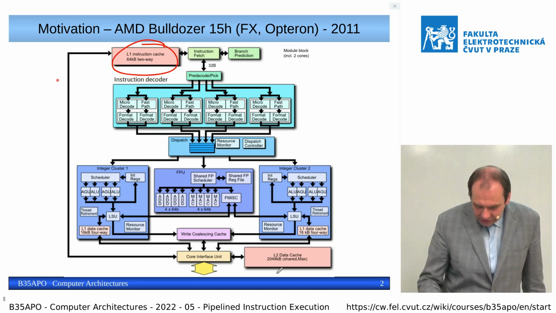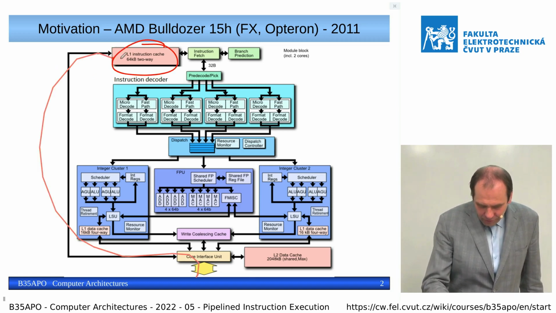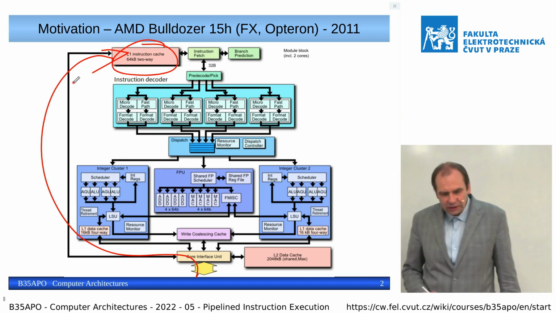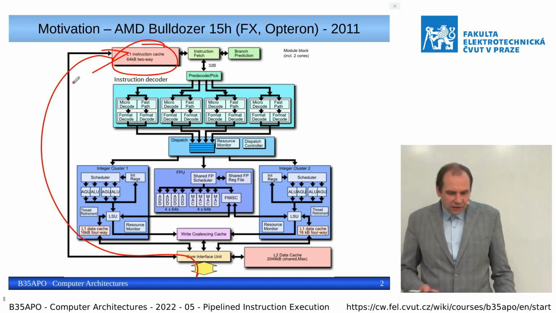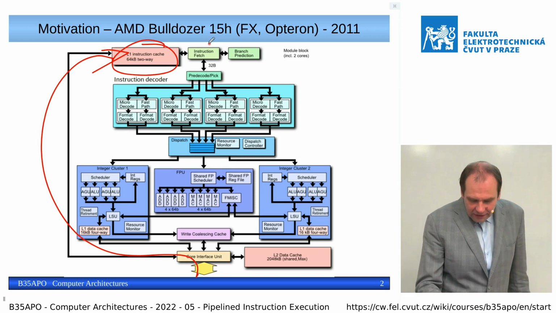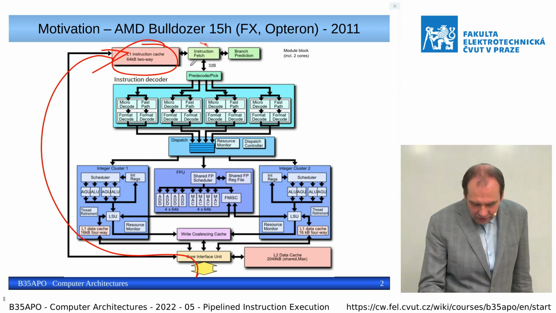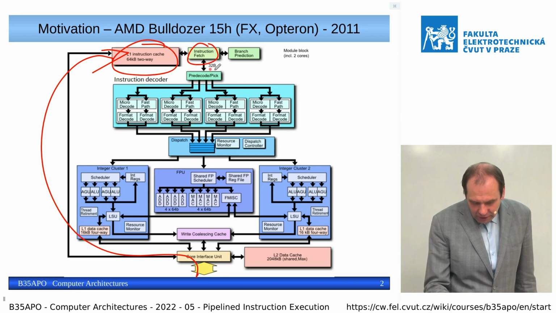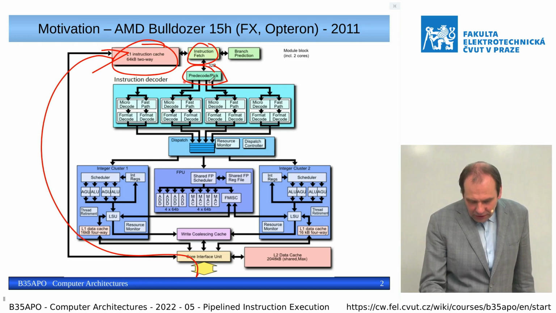So basically instructions are taken from main memory to the L1 cache, as we have already spoken about during the last lecture. Then we have a unit which fetches instructions and predecodes them, and then they are decoded.